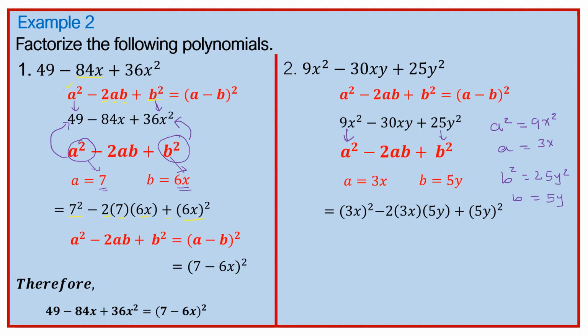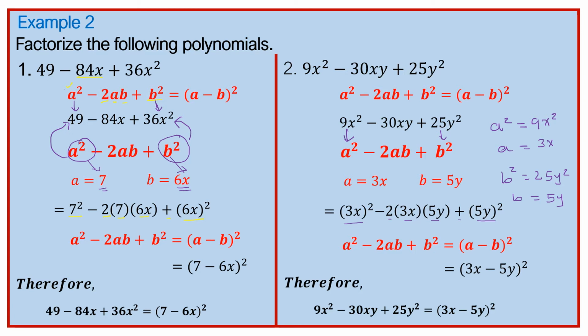Once we substitute the values of a and b into this identity, we come up with a squared, which is (3x) squared, minus 2 into a, which is 3x, into b, which is 5y, plus b squared, which is (5y) squared. Then we come up with (a minus b) squared, so that will be (3x minus 5y) squared.